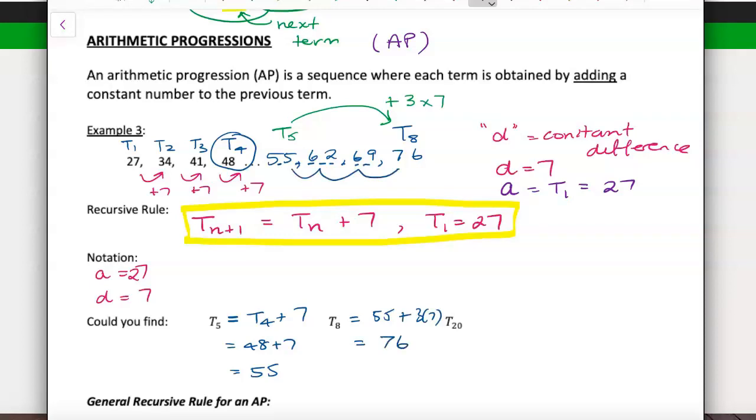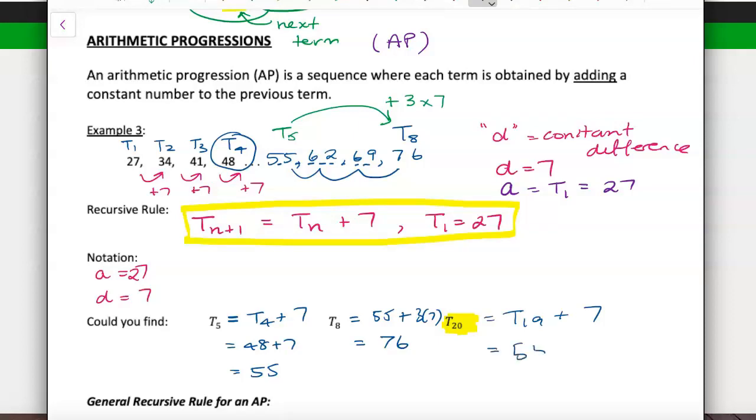And that's the same thing as for trying to find term 20. Ideally, using our recursive rule, we would want to add 7 onto term 19, but unfortunately we don't know term 19. So we have to be a little bit more flexible with our options. We could use the same idea that we used for term 8.